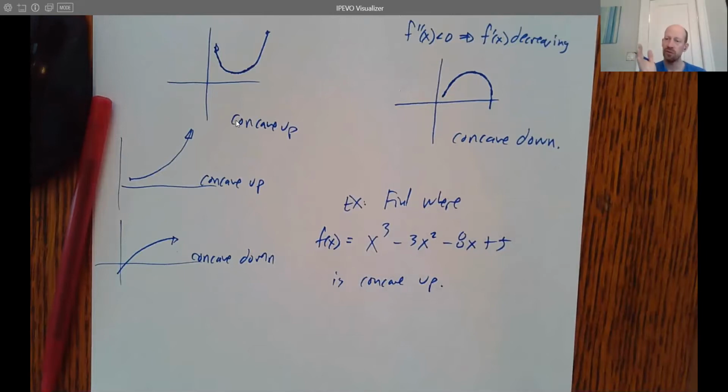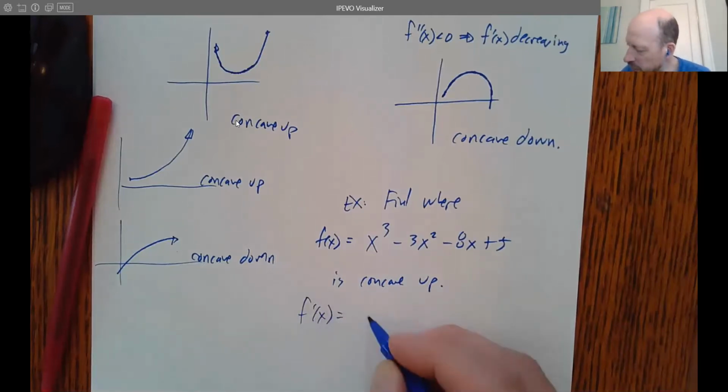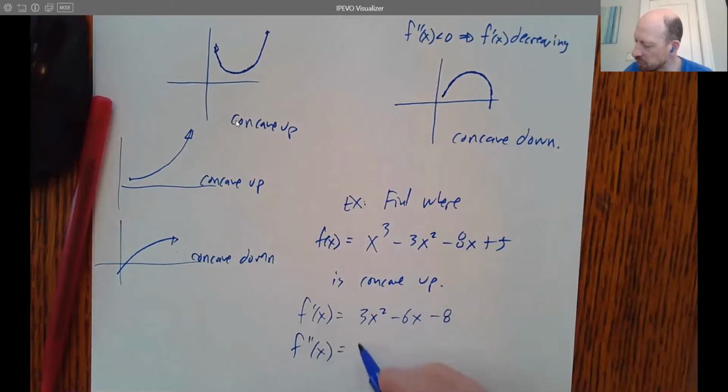As soon as you see concavity, that tells you you need to work with the second derivative. So you don't have to overthink this part, right? Concavity means second derivative. So I find f prime of x, and then I find the derivative of that, which is going to be f double prime of x.